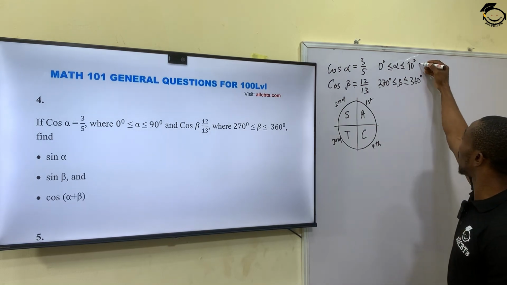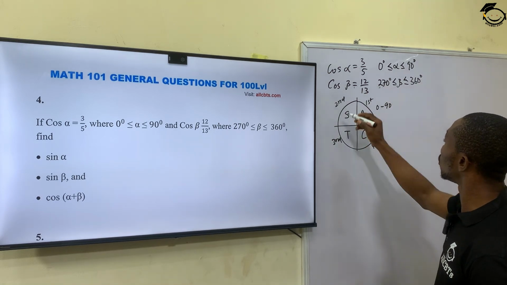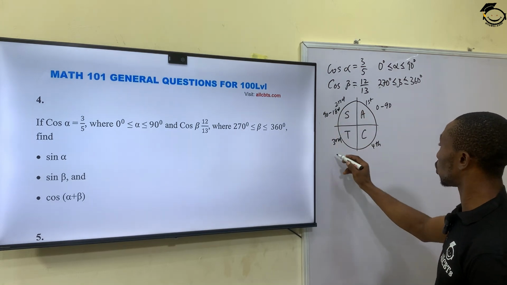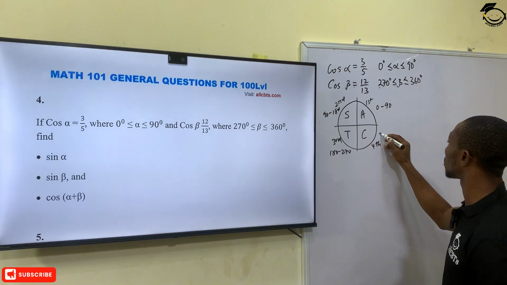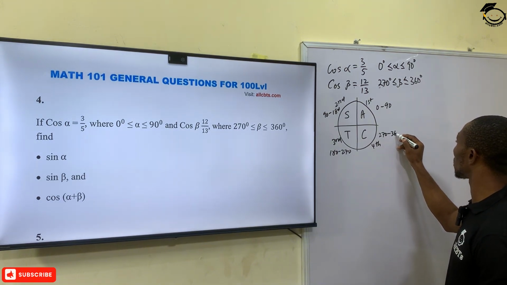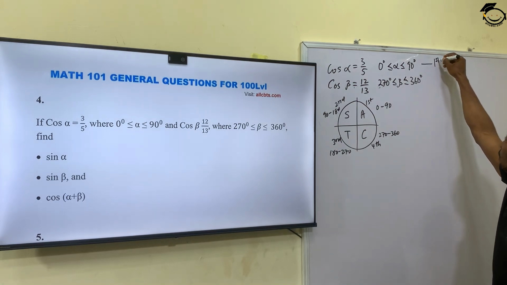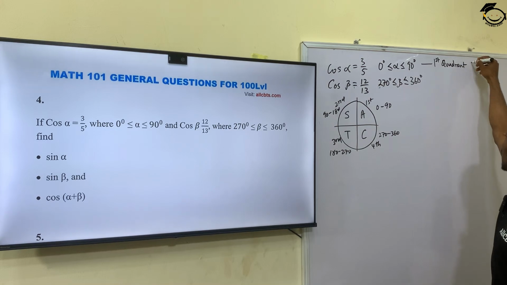Now, our first quadrant ranges between 0 to 90 degrees, second quadrant 90 to 180, third quadrant 180 to 270, and fourth quadrant 270 to 360 degrees. It is important also to know that alpha lies within the first quadrant, so all are positive.